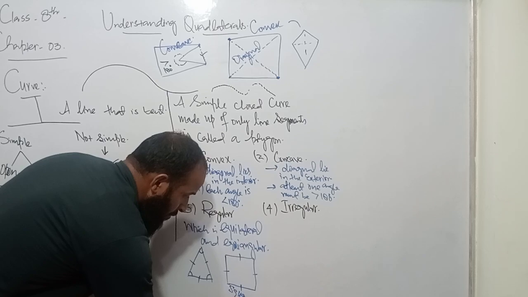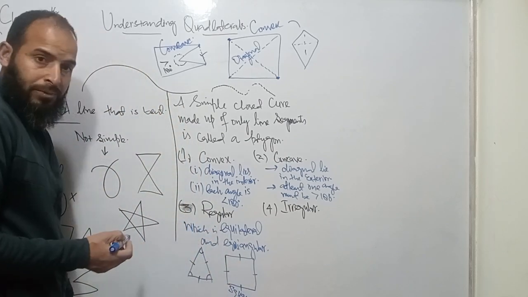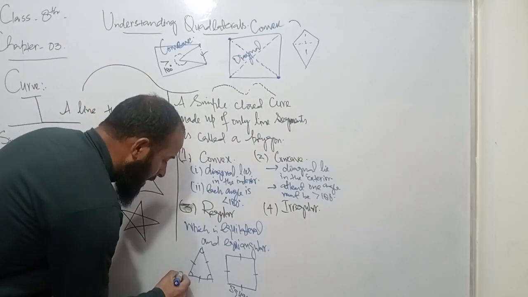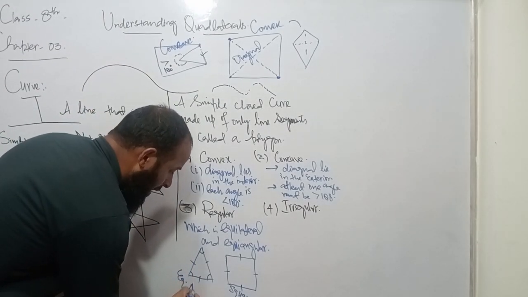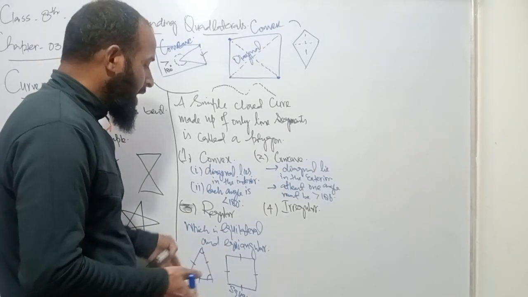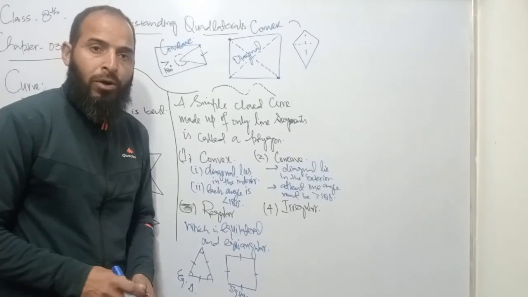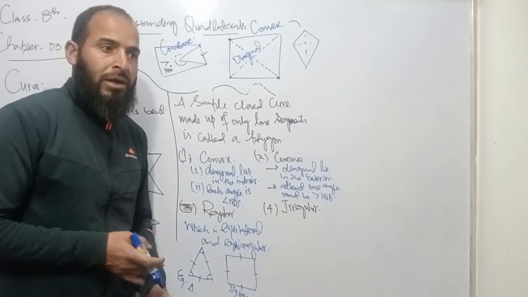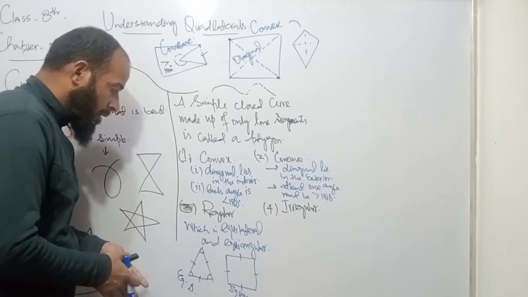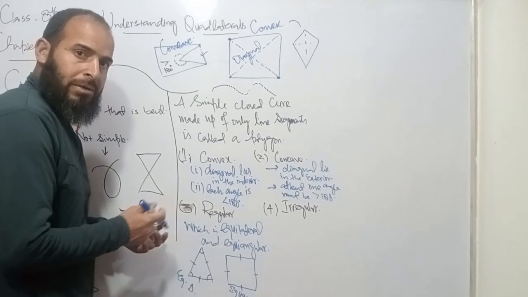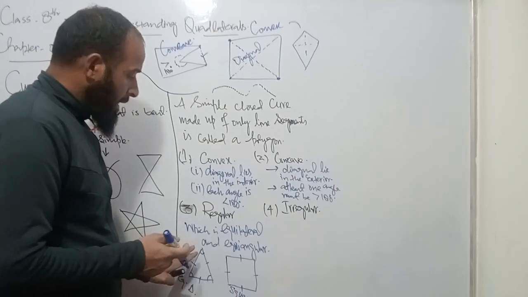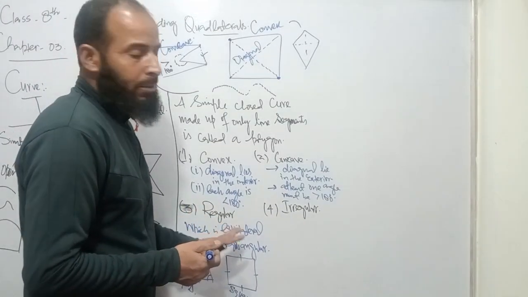A square is a regular polygon, and an equilateral triangle is a regular polygon. There are many more regular polygons, like regular pentagon, regular hexagon, regular octagon, heptagon. But these two are the examples of a regular polygon.